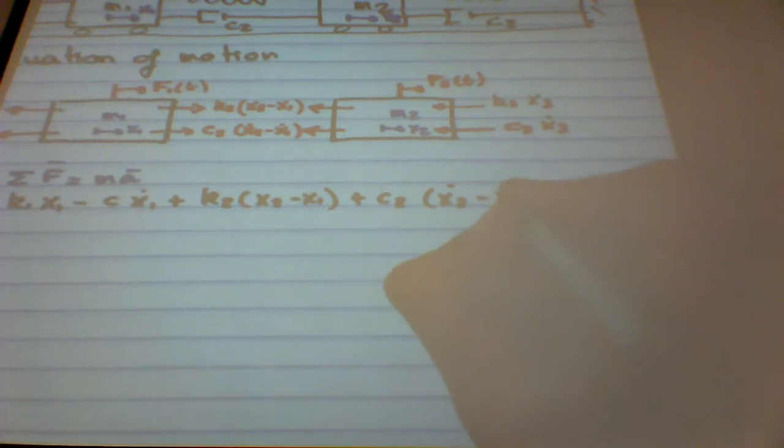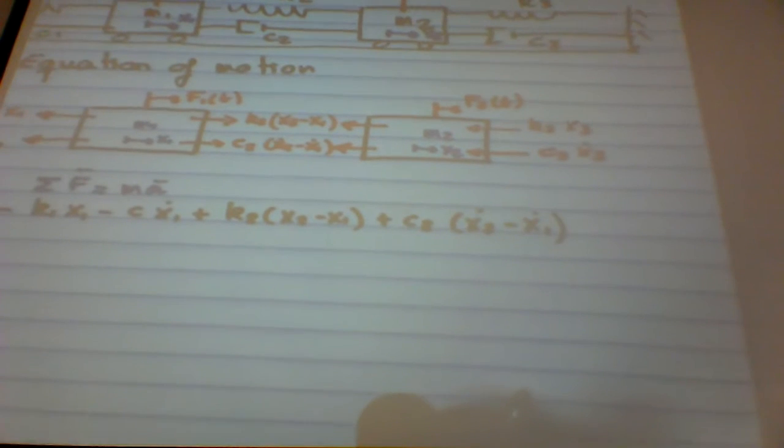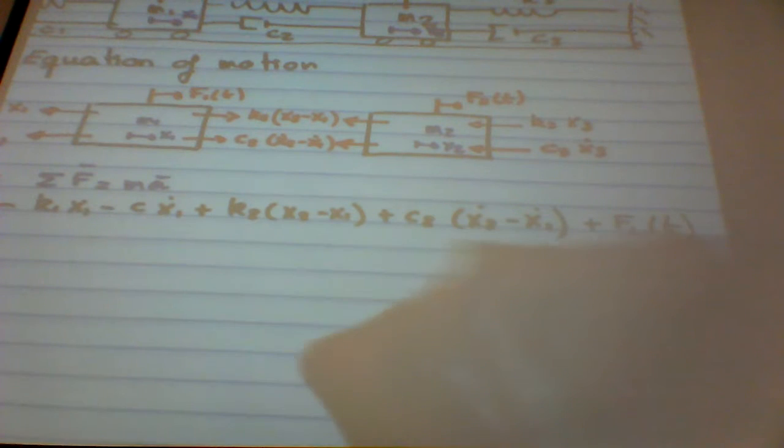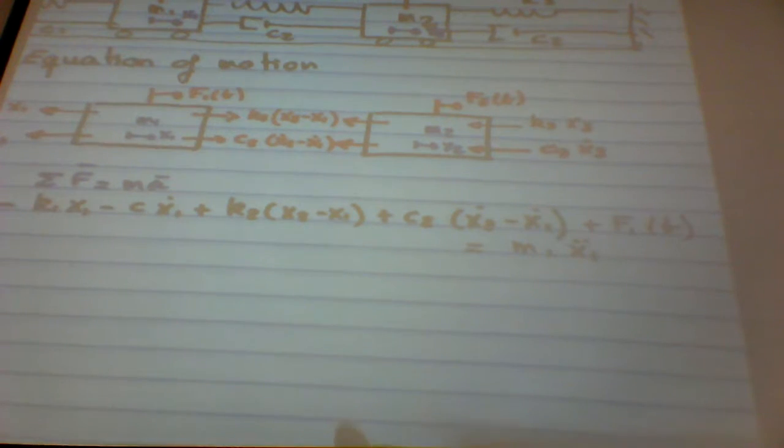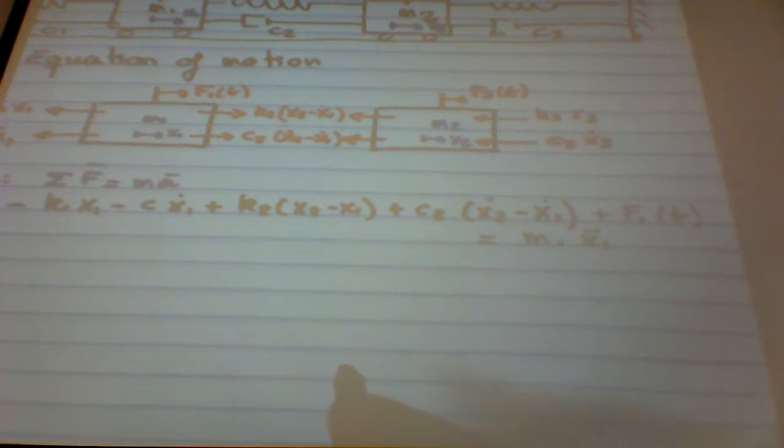The equations do not come out from magic, they come from the free-body diagram. And plus F1 of t, and that should be equal to M1 x1 double dot.